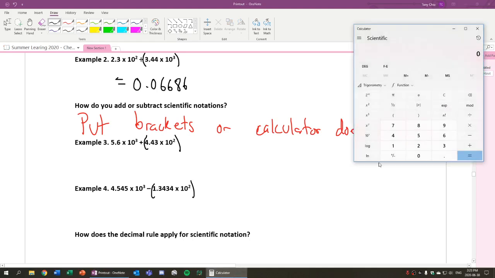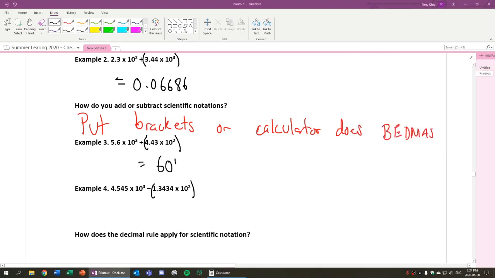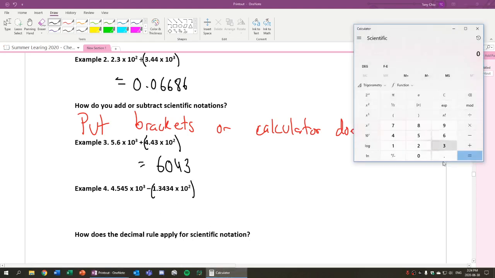So what you have here is, the first one is 5.6 times 10 to the power of 3 plus bracket 4.43 times 10 to the power of 2, close the bracket, is equal to 6,043. The second one, put brackets, 4.545 times 10 to the power of 3.